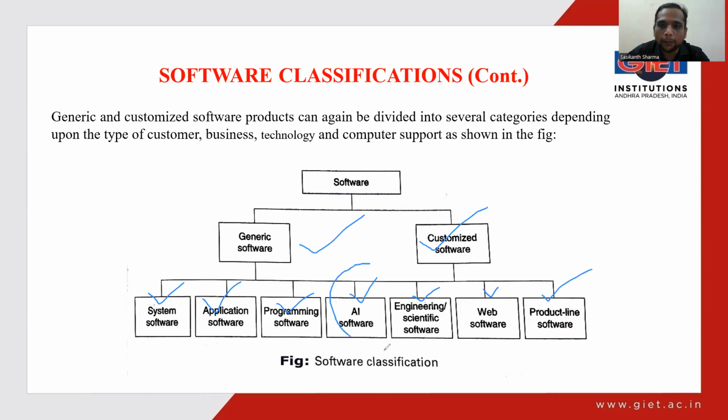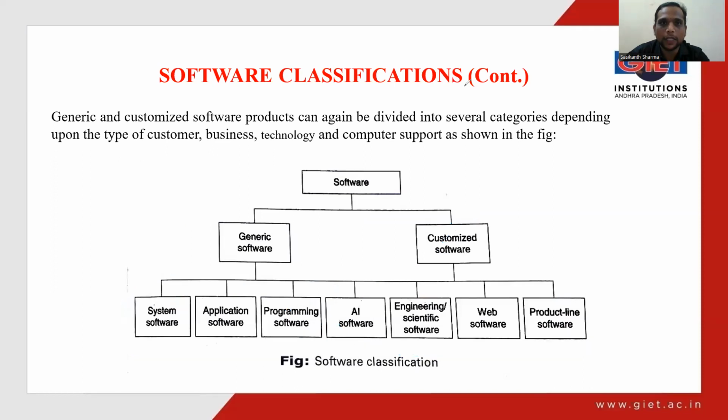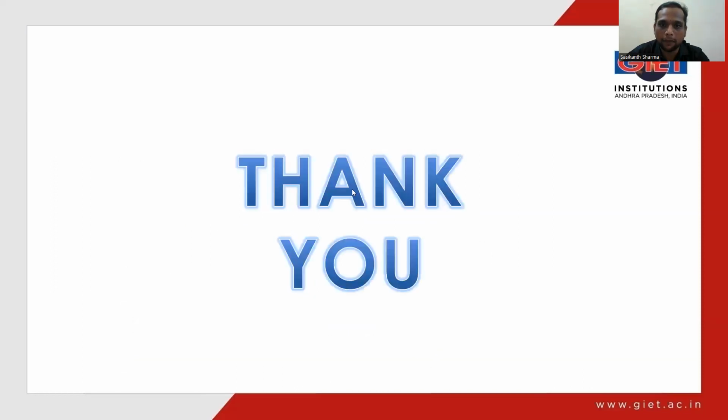These four come under customized software, which is prepared upon the request of a particular organization. These three are general purpose software, which can be used by the public. These are the two types of software available as far as the classification of software is concerned.